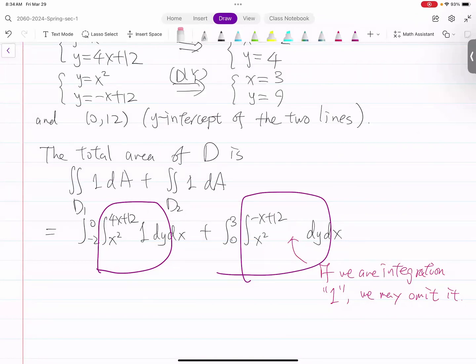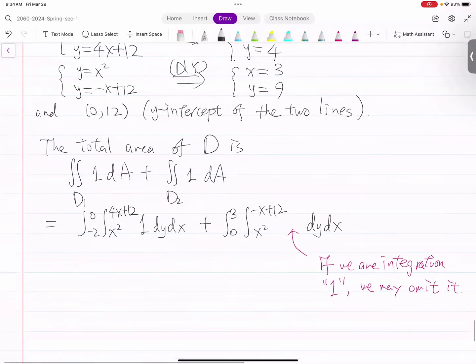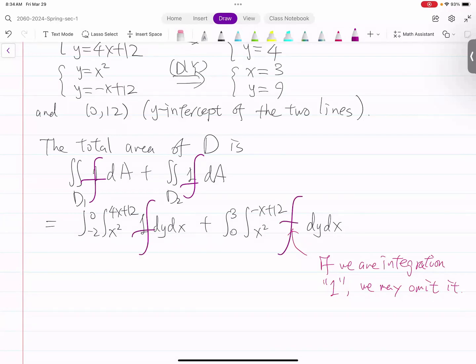So this is exactly why this kind of question is directly related to what you have learned in Calc 2. But of course, in general, you will be integrating some function little f. So then that will be a little bit different. In that case, you will have little f, and that will be the distinction between Calc 3 and Calc 2.